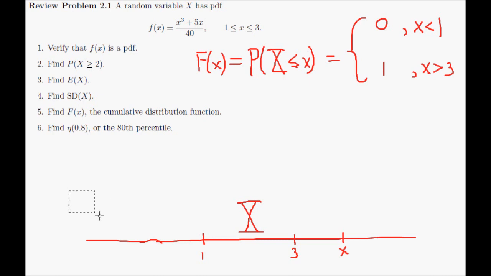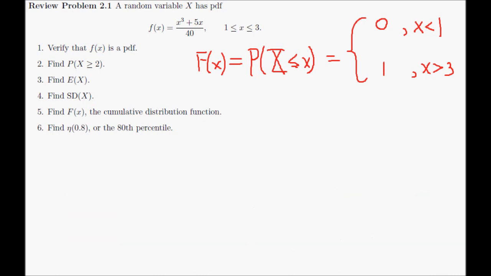The one case that isn't so easy is the case in the middle, where x is something between 1 and 3. Okay, so the chance that capital X is less than or equal to little x. For this one, we now just simply integrate.